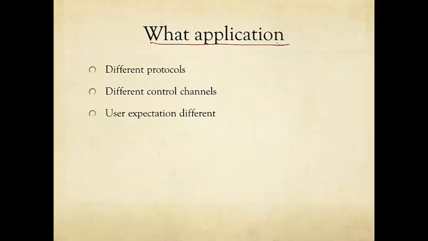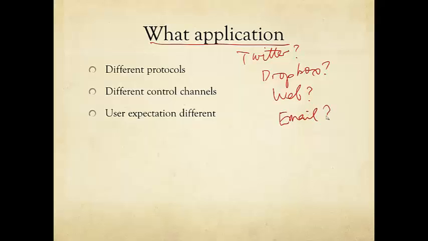And finally, the answer depends on what application we are talking about. Is this Twitter, or is this Dropbox? Is this web browsing, or is this downloading something from the email server, whoever provides your email? Different protocols are clearly involved in different applications. They involve different control channels across each layer.